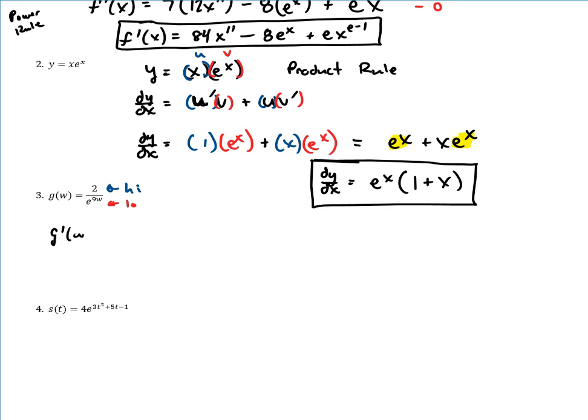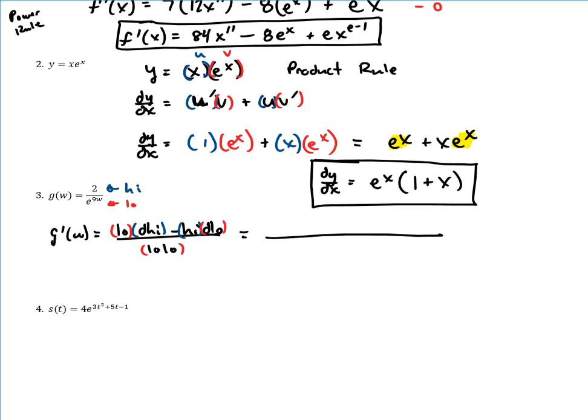Okay, so our quotient rule setup, g prime of w, would be low d high minus high d low, all over low squared. And then I have, all right, so let's put the parentheses, there we go, and then the low one's still in red, like that. All right, so I'm going to plug this in. Let's put it in horizontal since I didn't give myself much room.